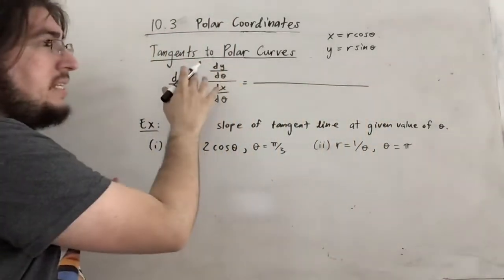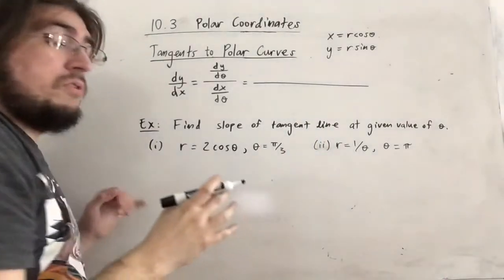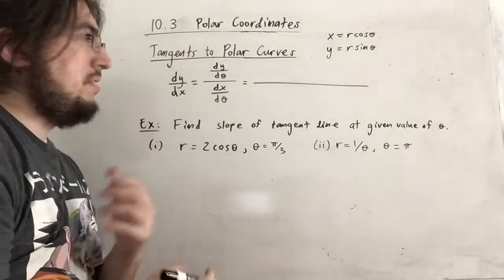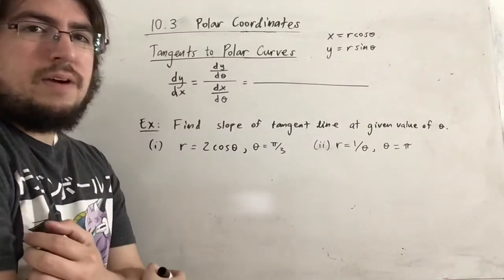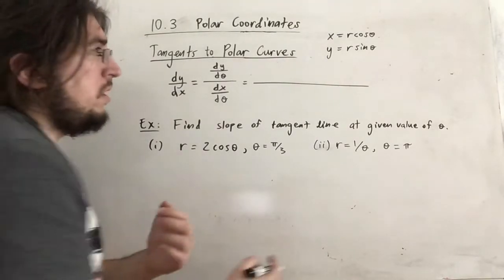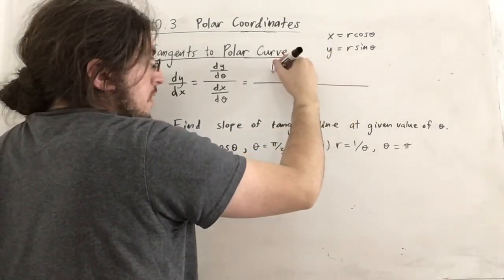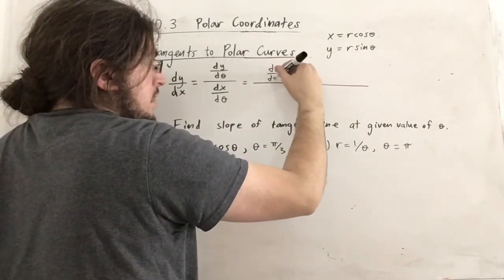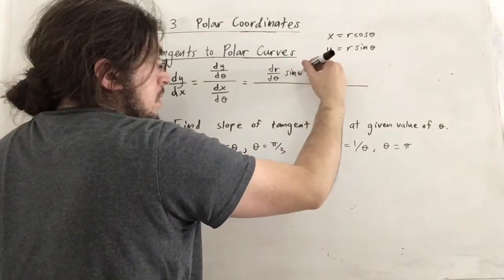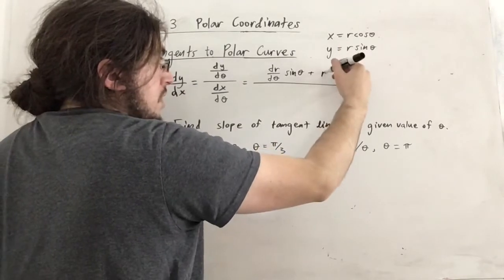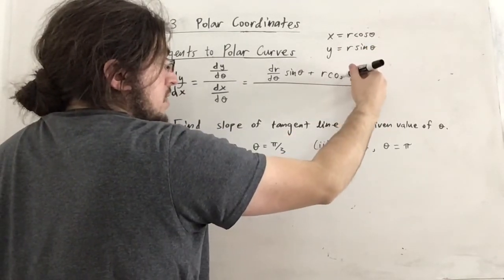So for dy/d theta, if you take the derivative of r sine theta, it's mostly following the product rule. It's not so much chain rule, but you get the following. Derivative of the first, derivative of r is dr/d theta, times regular of the second, which is sine, plus regular of the first, r, times derivative of the second, derivative of sine is cosine.